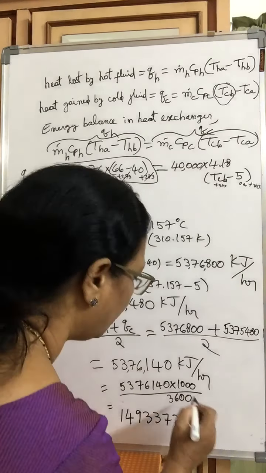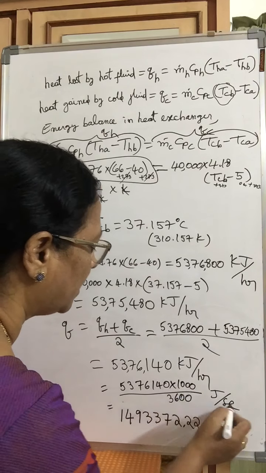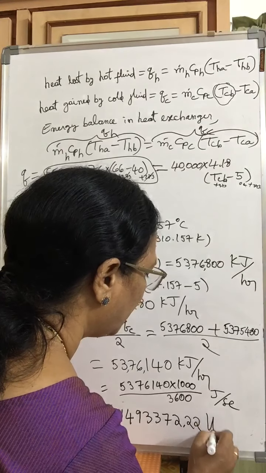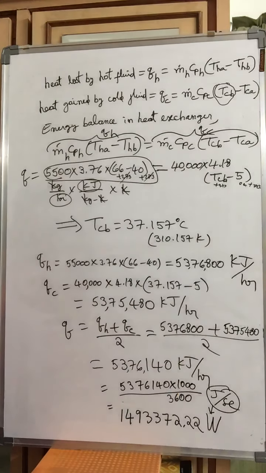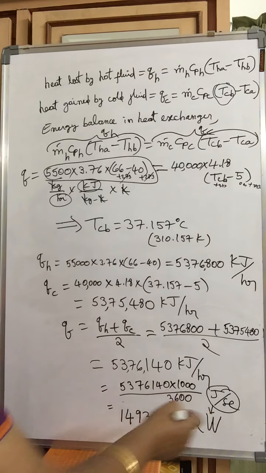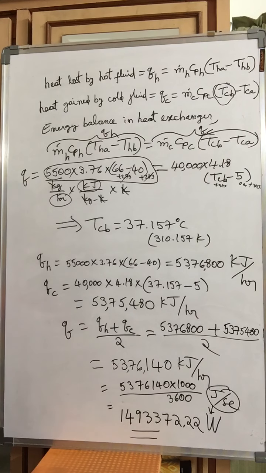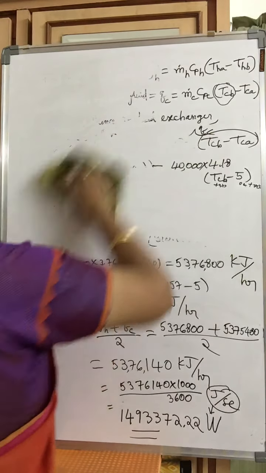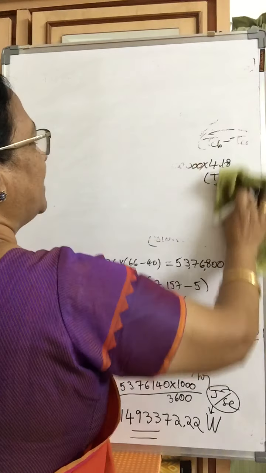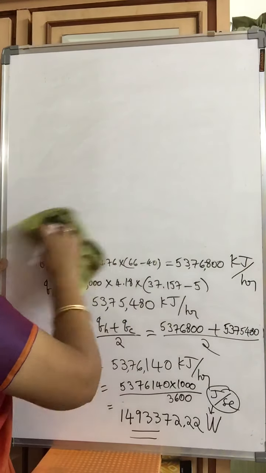This is into 1000 kilojoules per hour. Joule per second is nothing but watts. So now you got Q in terms of watts. So now you have all the required terms. You have numerical values for all the required terms.